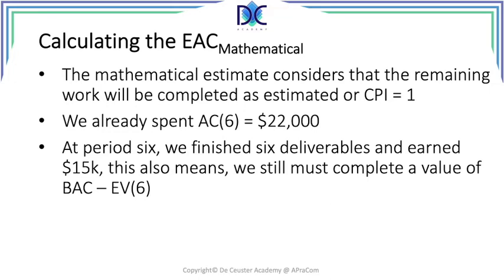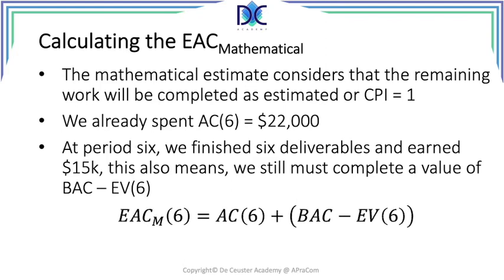So we wanted to create 20, we already did 6. So the remaining amount of value to create is 20 minus 6, which is 14. And when we express that in values, it is the BAC minus the earned value.